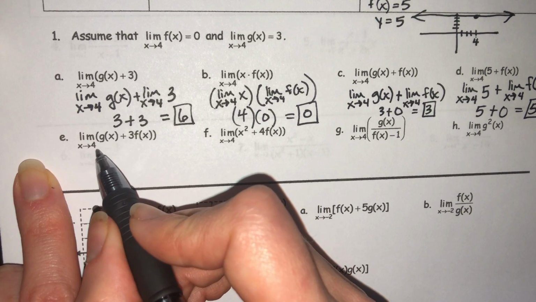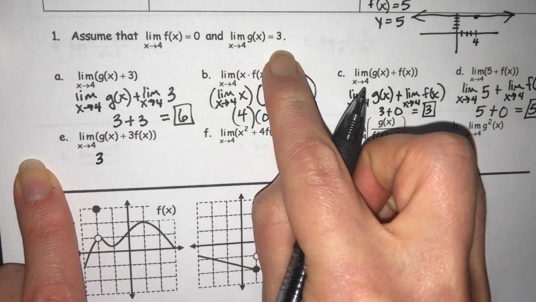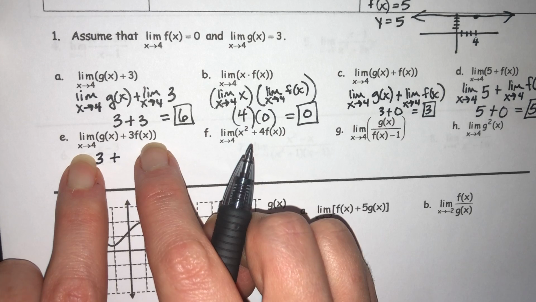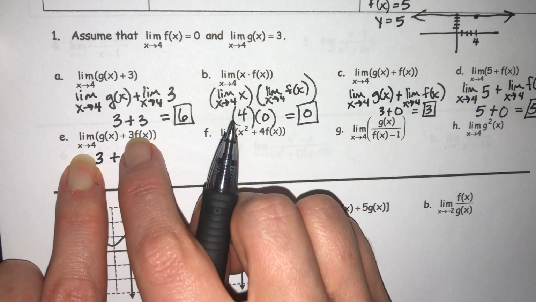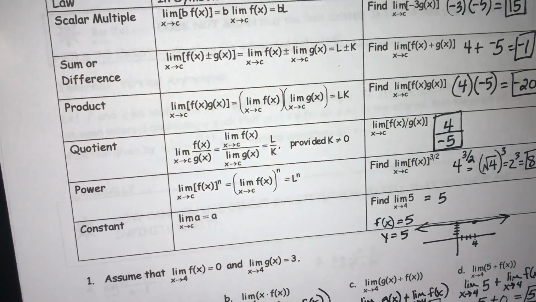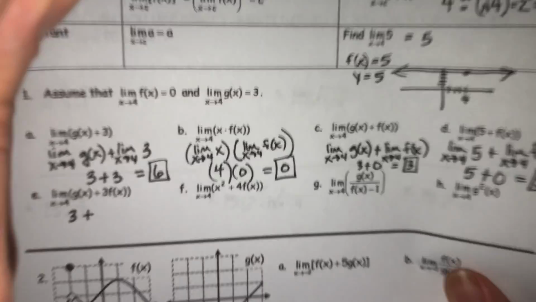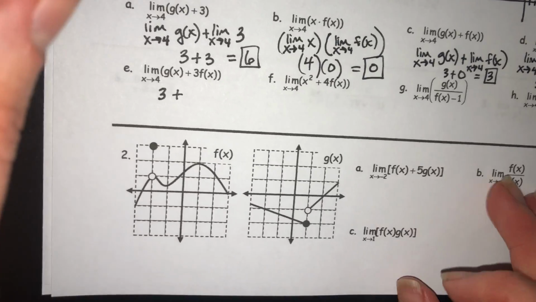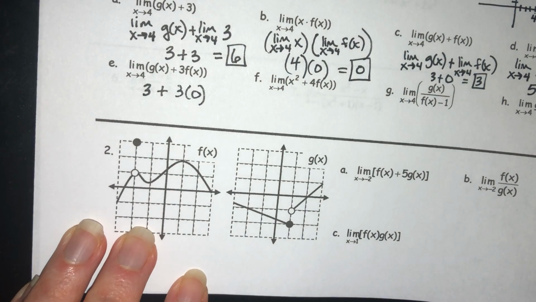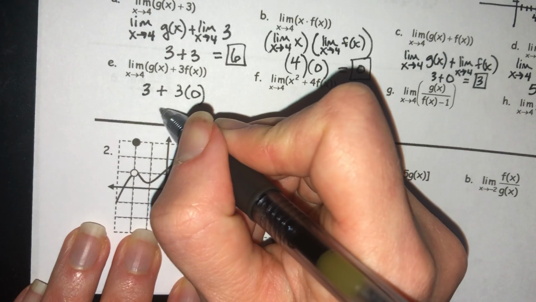The limit as x approaches 4 of g of x is 3, that's given, plus the limit as x approaches 4 of f of x is 0, but I have to multiply it by 3 because of the scalar multiple rule. However, 3 times 0 is 0. So we're doing 3 plus 0, which is 3.